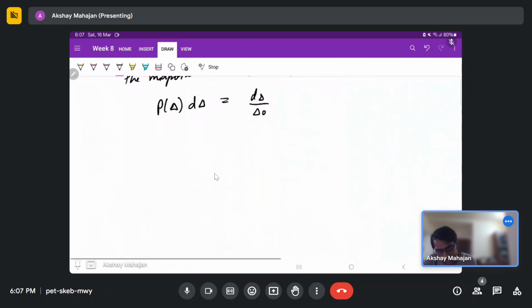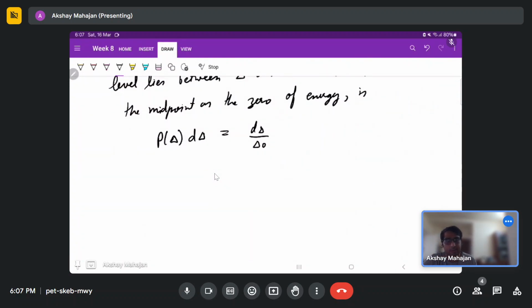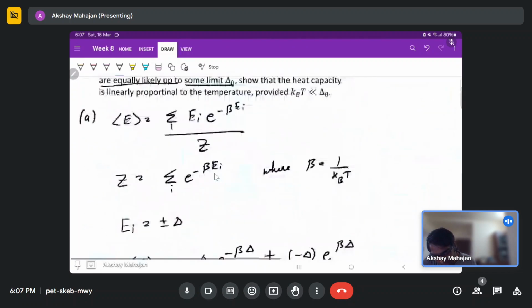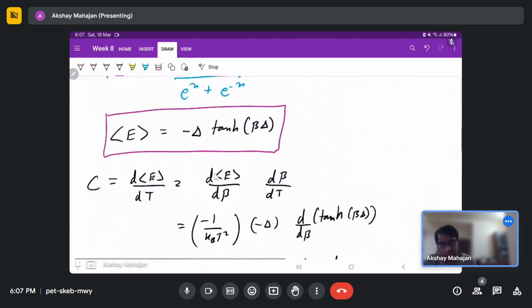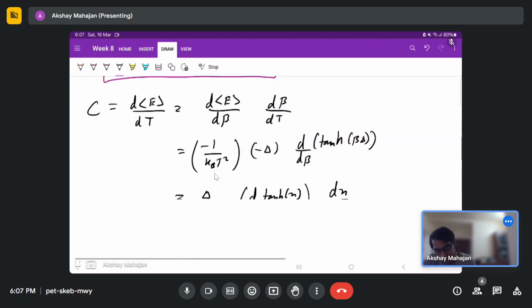So we can say that P delta d delta becomes d delta by delta naught. The total range is delta naught, and each value will have probability of occupation 1 by delta naught. So if we calculate the total average energy now, it equals, from 0 to delta naught, the following. We have already calculated the average energy for just two energy levels at minus delta and plus delta.